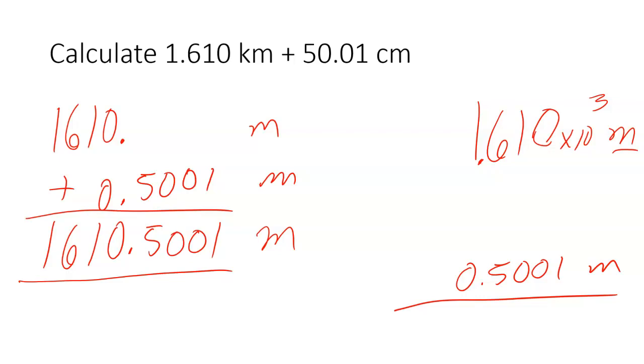Now, how do we deal with significant figures when we have a case of addition and subtraction? It's not based on how many significant figures this has, 4, or how many does it have. It's not related to that. This is related only, because we're adding or subtracting, to which one of the numbers that we have has the lesser amount of decimal places.